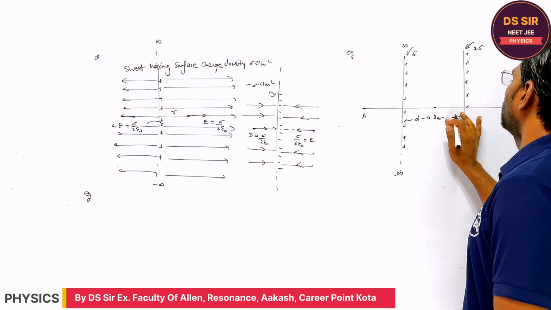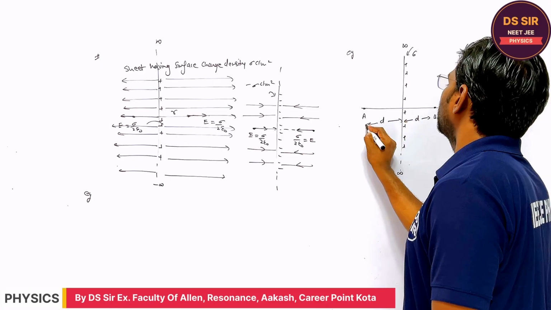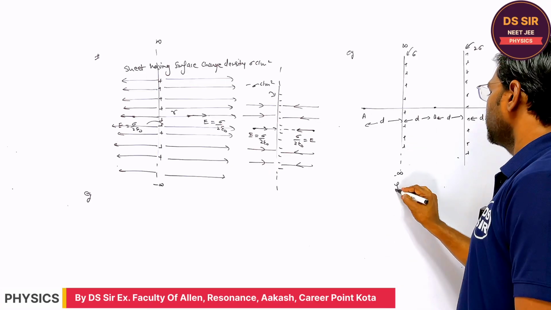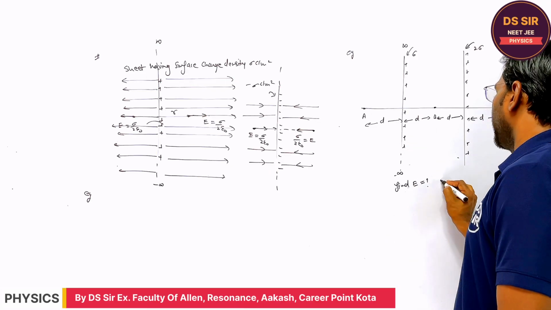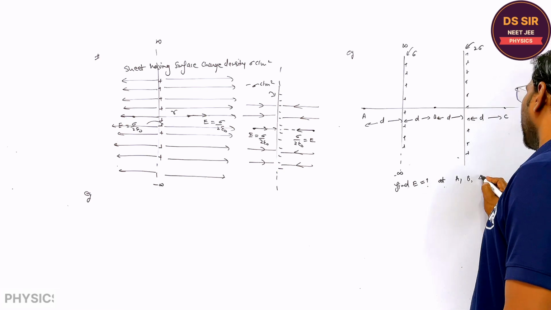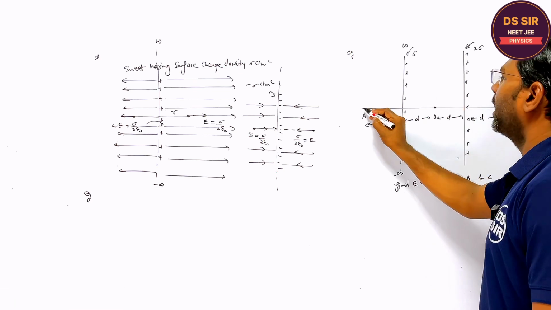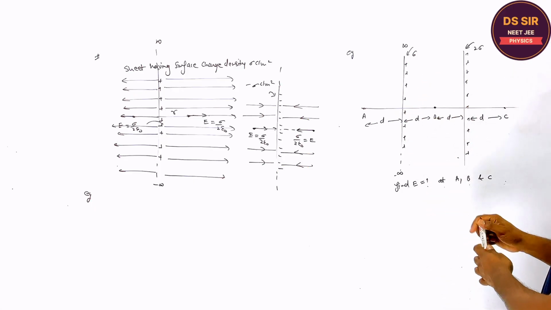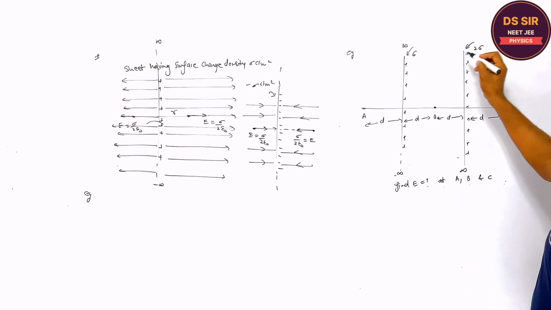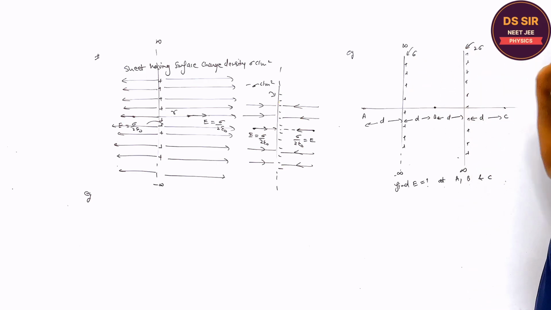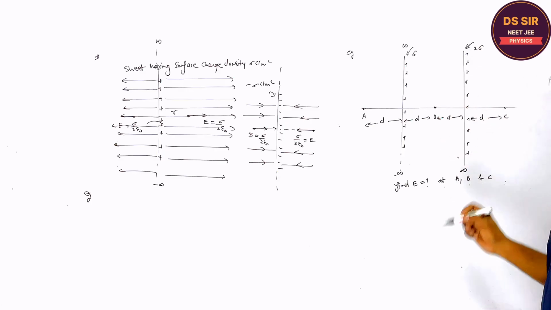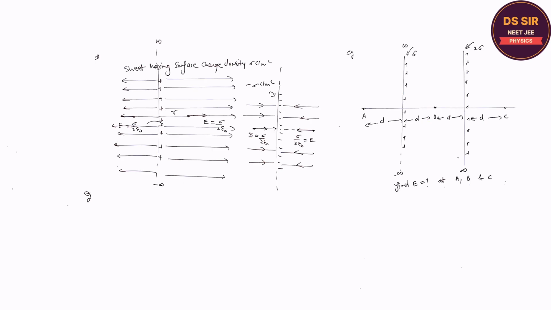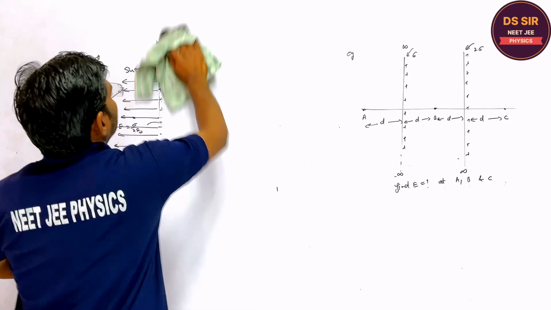So you have to find the electric field at points A, B and C. If the two infinite sheets are placed parallel to each other, having the surface charge density sigma and 2 sigma, at the points A, B, C, you have to find the electric field. This is the question. Think about this.